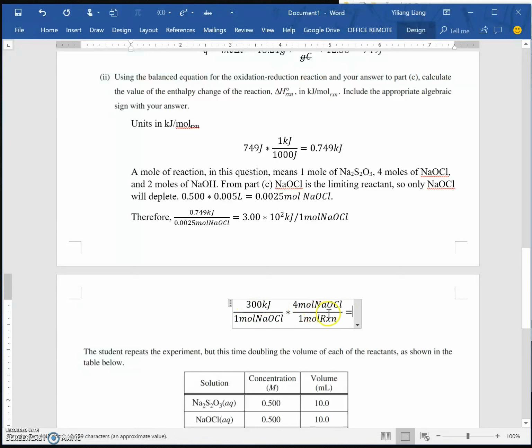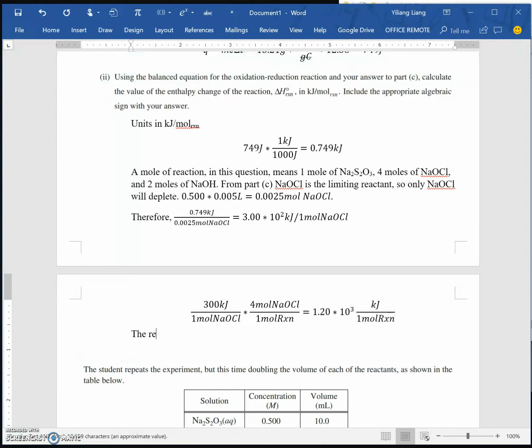We can cancel out this unit, so that it will be 1.20 times 10 to the third kilojoules per 1 mole of reaction.